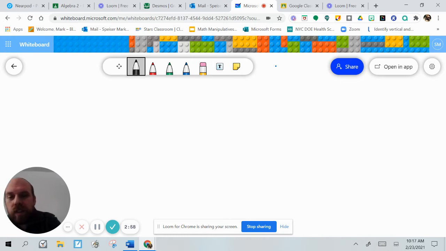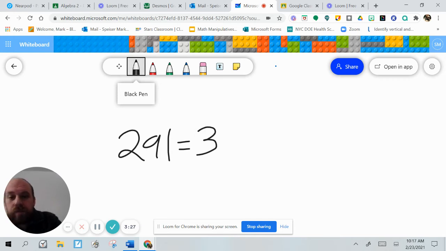Okay, let's see if you were given this equation to solve. So we have 291 equals 3 times b, let's say to the 6th power.